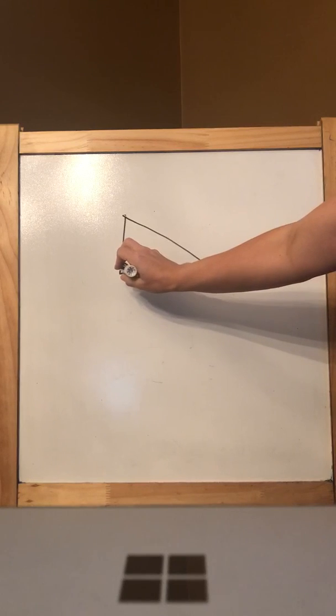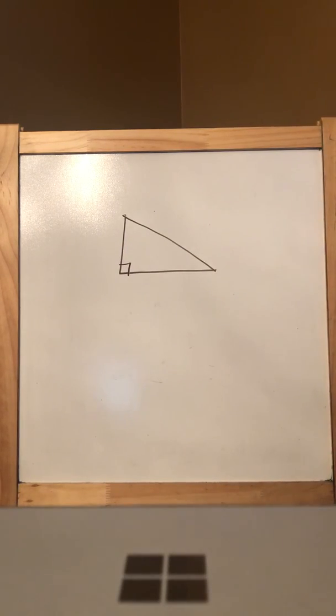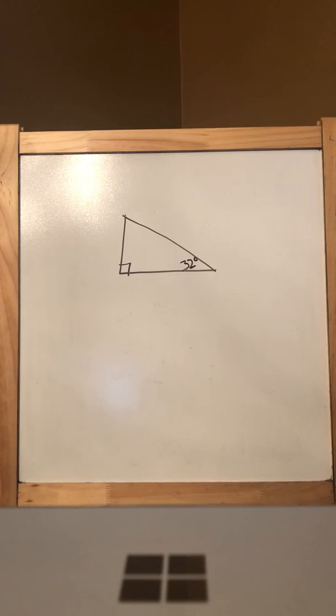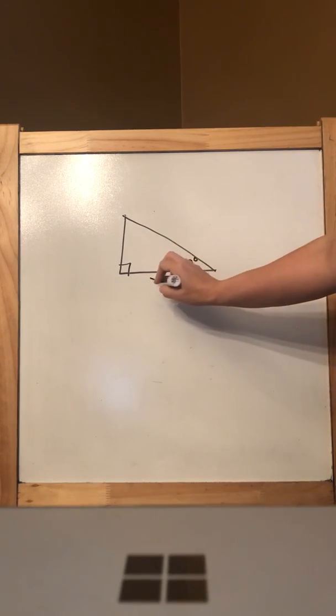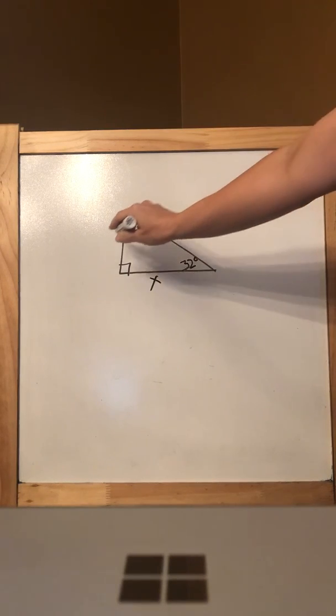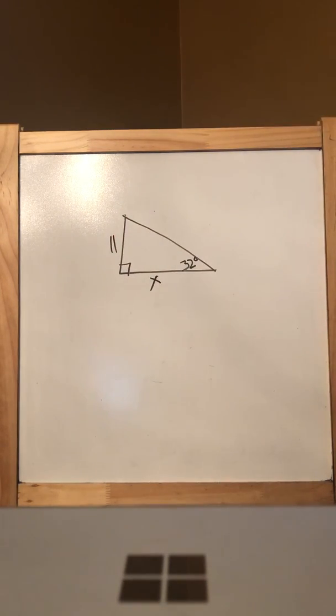Okay, so here's my right triangle, and I tell you that this angle is 32 degrees, and this side is X. We don't know this side length, and this is going to be 11. Okay, and I say solve for X.